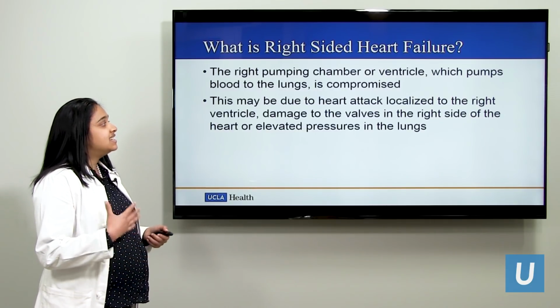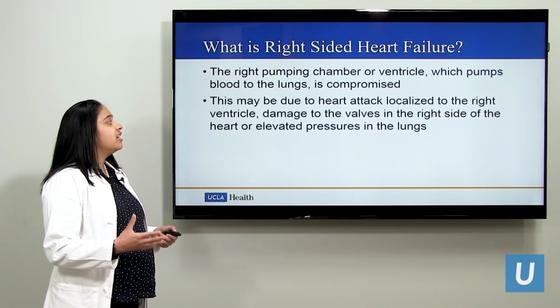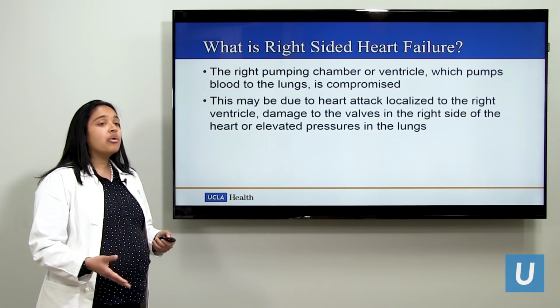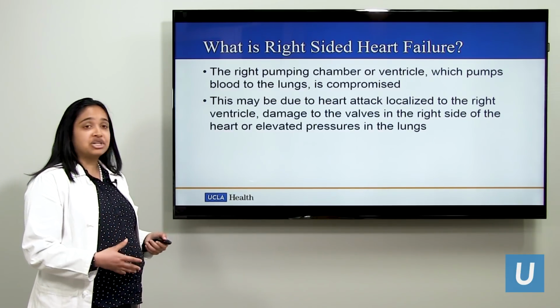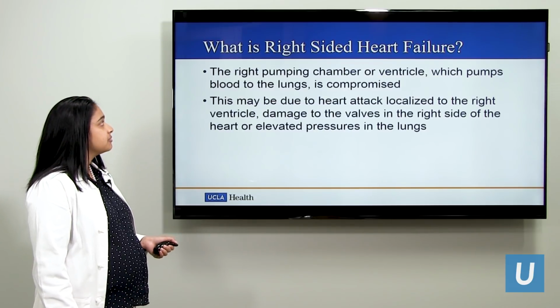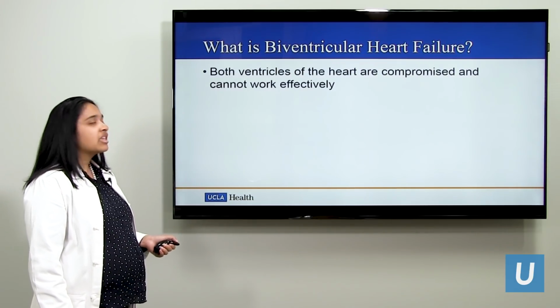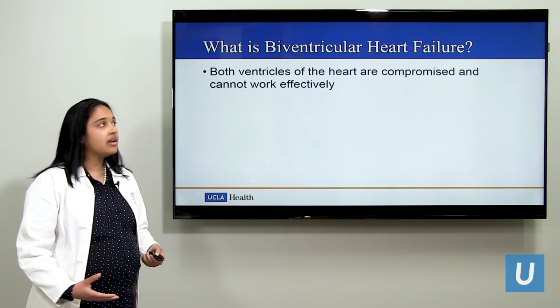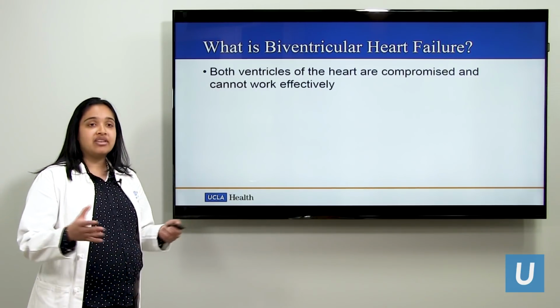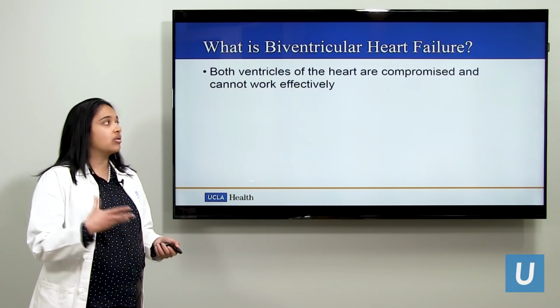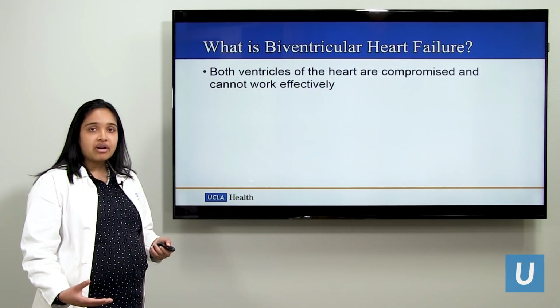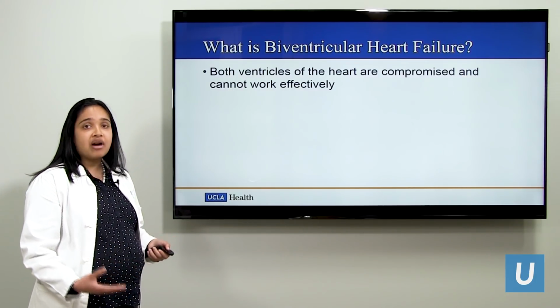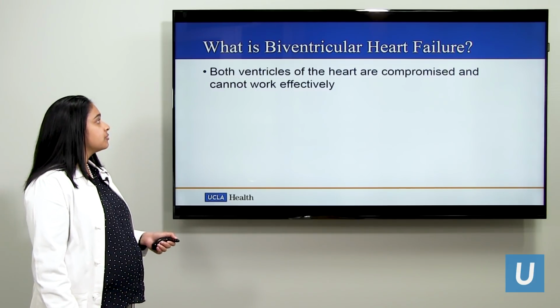It can be related to damage to the valves in the right side of the heart, or even elevated blood pressures in the lungs. When we talk about the term biventricular heart failure, it simply means that both the ventricles, the left ventricle and the right ventricle of the heart, are compromised and cannot work effectively.